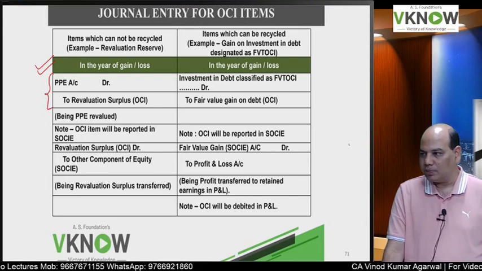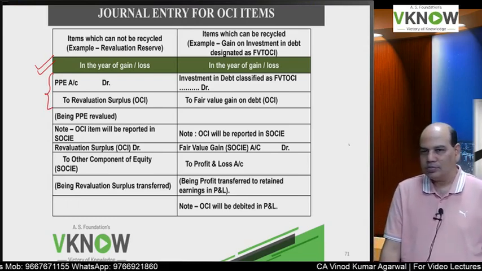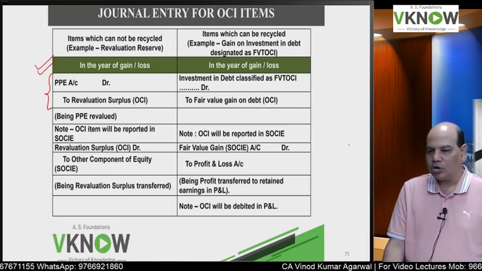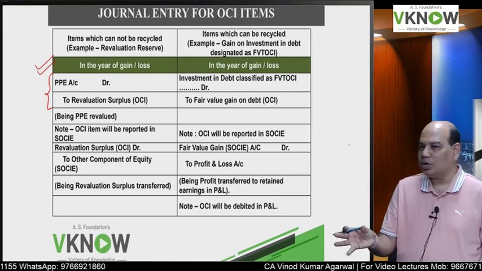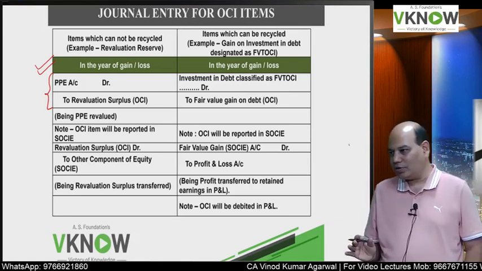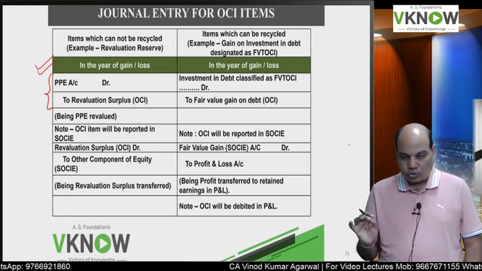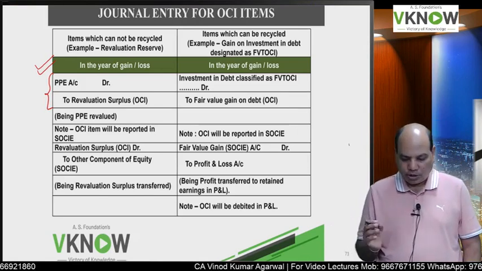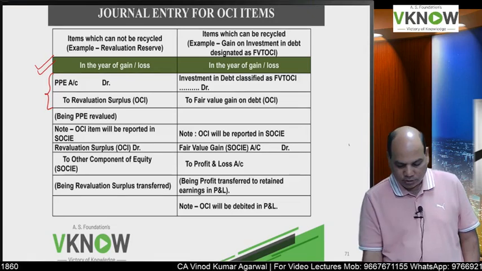I have taken the example of PPE because you have done questions on PPE in accounting standard also, and there are a lot of similarities between accounting standard 10 and Ind AS 16. So when the PPE is revalued upward, we'll pass the entry: PPE account debit to revaluation surplus.